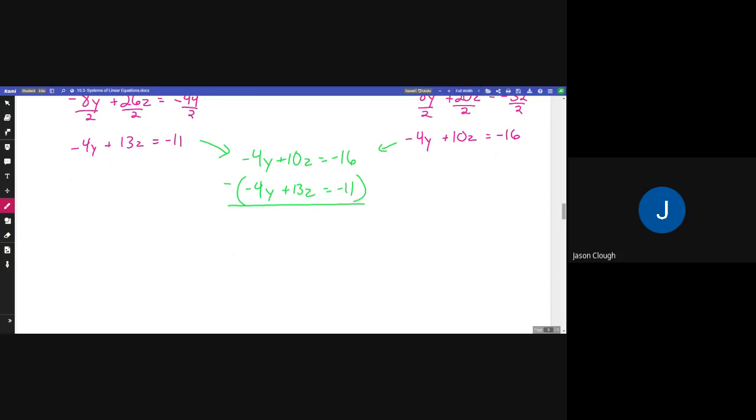So I get negative 4 minus negative 4, cancels out. Then I get 10 minus 13, which is negative 3z. Negative 16 minus negative 11 gets me negative 5. And I'm going to end up with z equals 5 over 3.